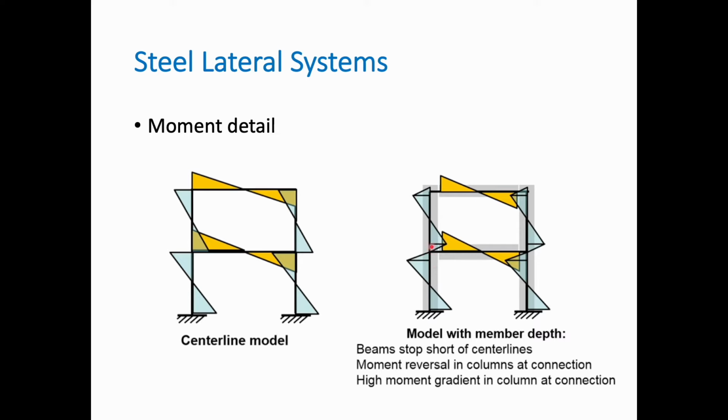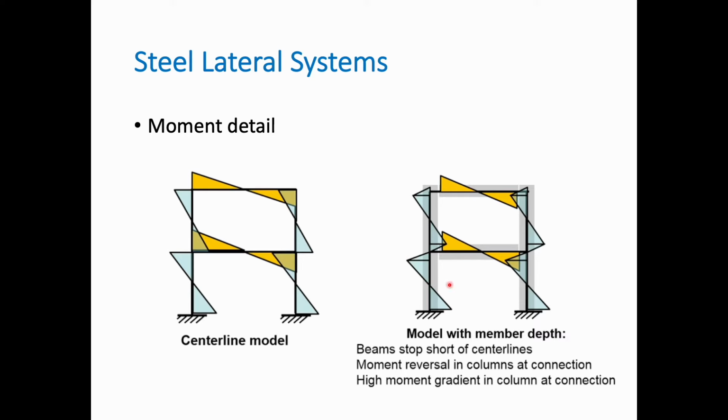So equally here there is a zone where there is the moment reversal in columns at the connection at this point, where we've got this different profile than the one that we're considering at 0 level between the connection of the beam to the column. And equally there is a high moment gradient in column at the connection, and that needs to be considered.